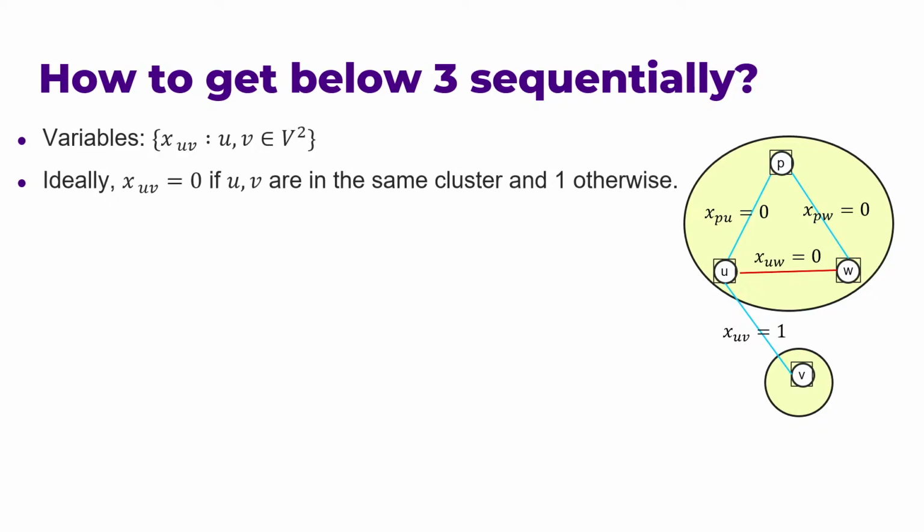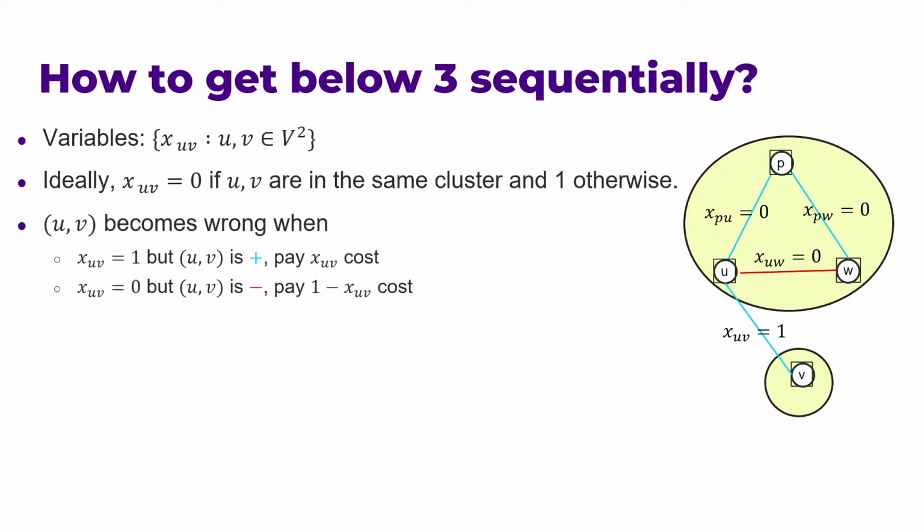So what's the objective for this linear program? So we have some disagreement. The edge becomes wrong when? For a positive edge, the distance is very large. We separate them. If x is 1, it's very large, and the edge is positive, we have to pay 1 cost. So it's x cost.